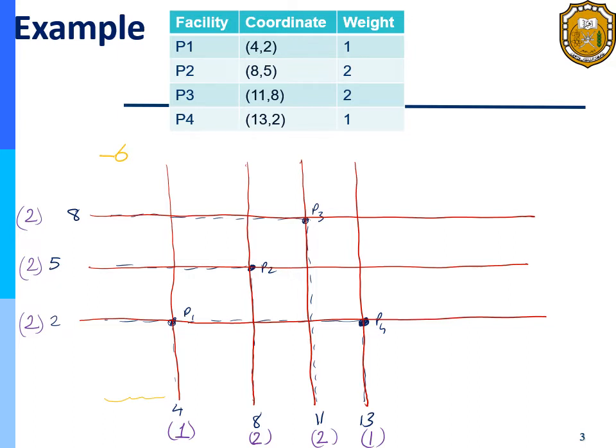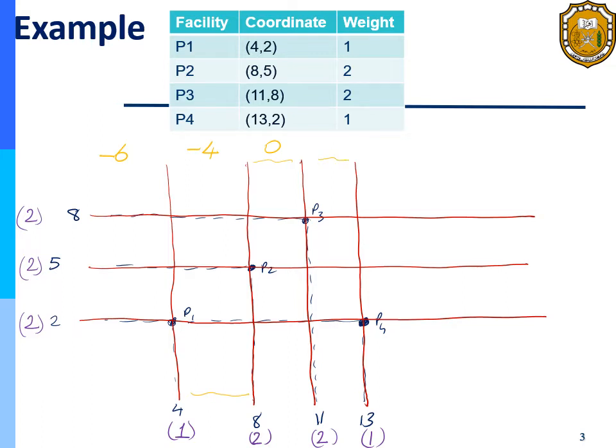Okay? So let's consider the second one. To the left of this one, I have 1, which is plus, and to the right of them I have minus 5, so it makes minus 4. For this one, to the left I have 3, to the right I have 3, it means that it is 0.